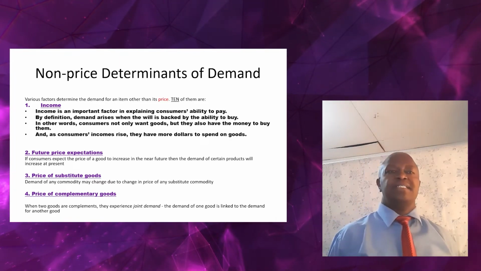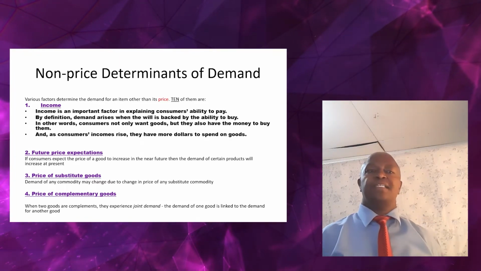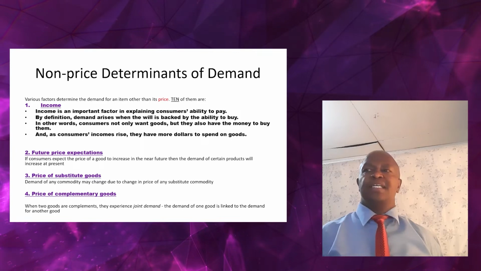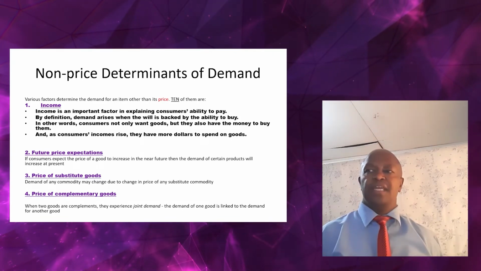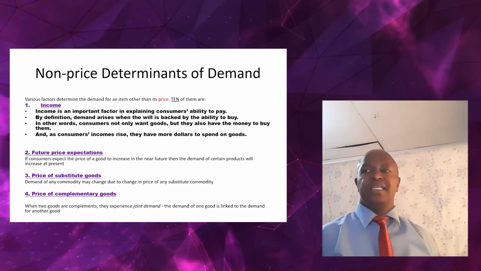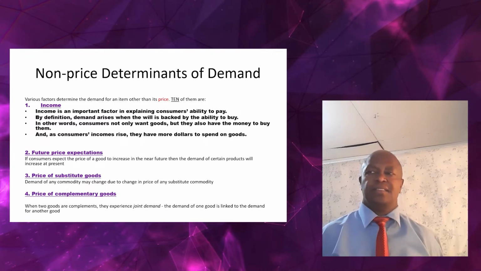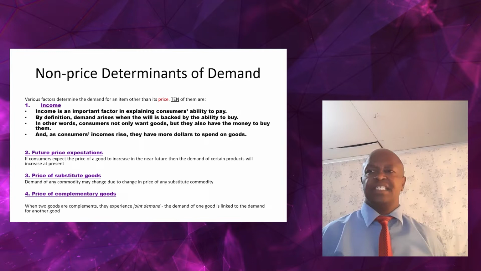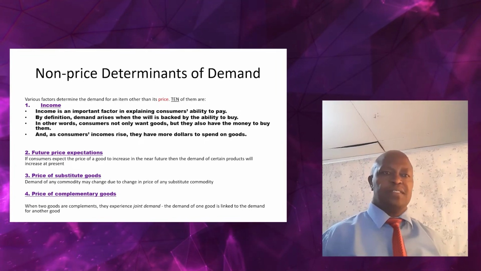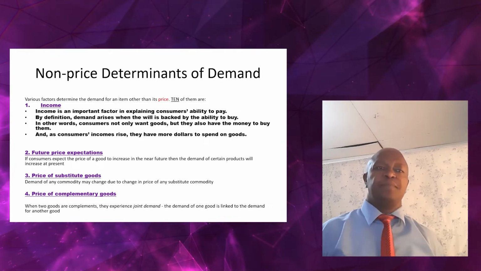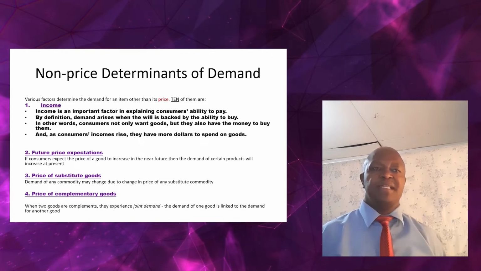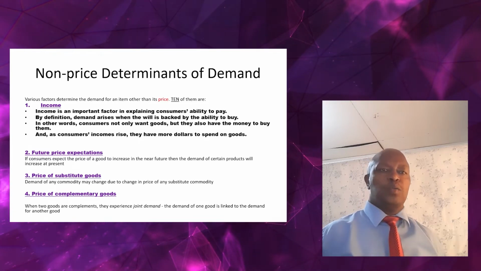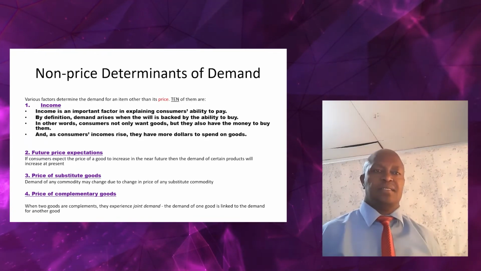The next item is future price expectation. If consumers expect the price of goods to increase in the near future, then the demand of certain products will increase at present. This usually happens before the annual budget when consumers expect the price of certain goods to increase. And this is especially possible because governments are fond of increasing what we refer to as sin tax.